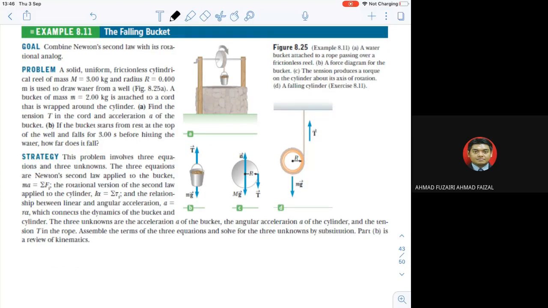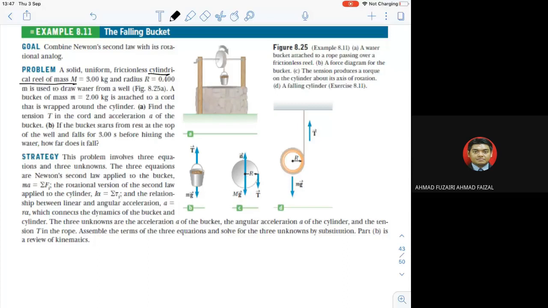Let's look at one example about the falling bucket. A solid, uniform, frictionless cylindrical reel of mass m, noted here as 3 kilogram, and radius r equals 0.4 meters, is used to draw water from a well.